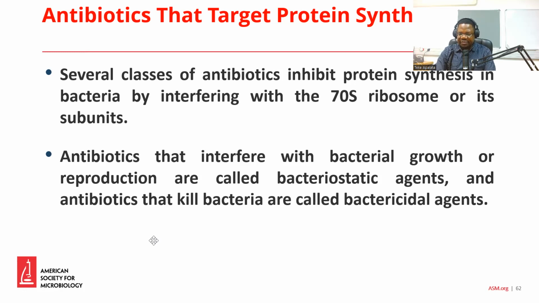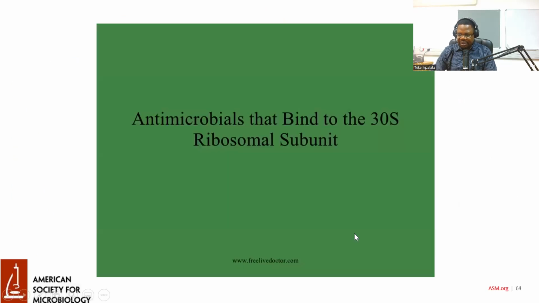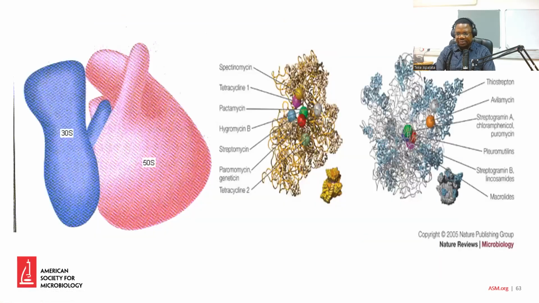Antibiotics that interfere with bacterial growth or reproduction are called bacteriostatic, and those that kill are called bactericidal. We discussed those concepts during our first topic, so if you missed it, you can go back and look at it.